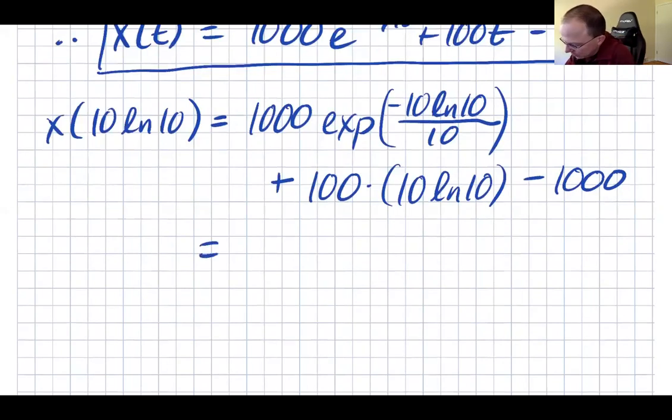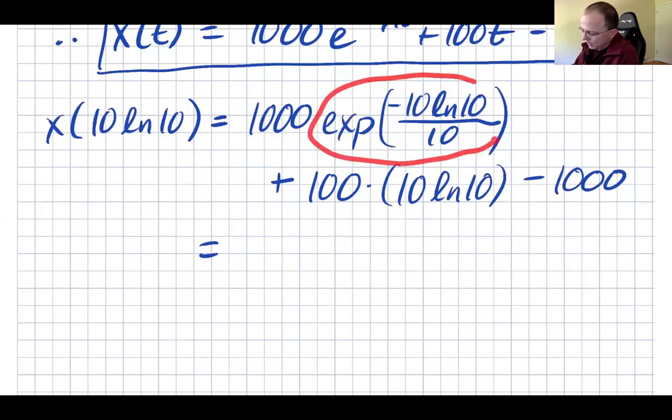All right, so this 10 cancels that 10. So we'll have the exponential of negative log 10, which is also known as the exponential of log 10 to the minus 1. So I'll put this minus 1 in here, and then I'll cancel the exponential and the log. So this whole thing ends up being 10 to the minus 1.